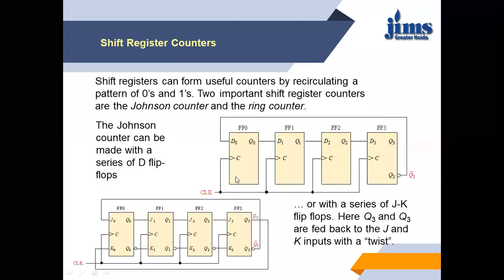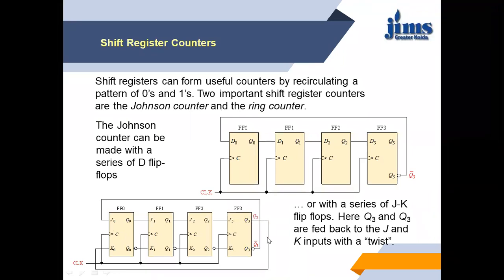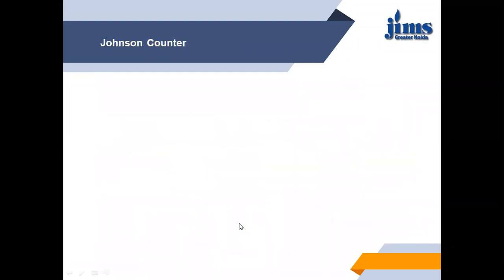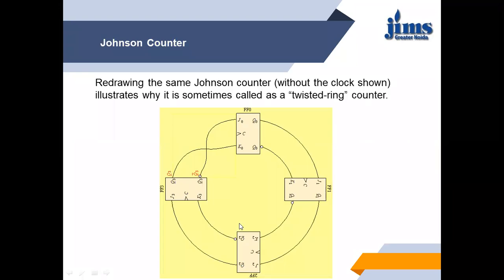You can see in the previous slide, Q3 bar is connected to J0 and Q3 is connected to K0, and all other connections are straightforward. Q0 equals J1, Q0 bar equals K1, Q1 equals J2, Q1 bar equals K2, like this. So here is a twist in the connection. That is why it is known as the twisted ring counter.